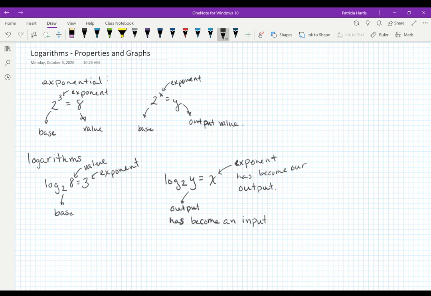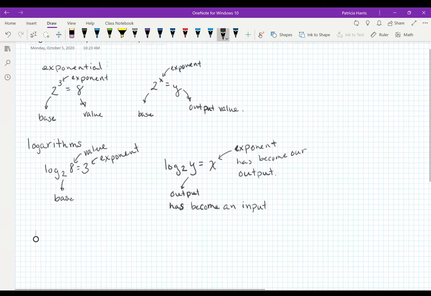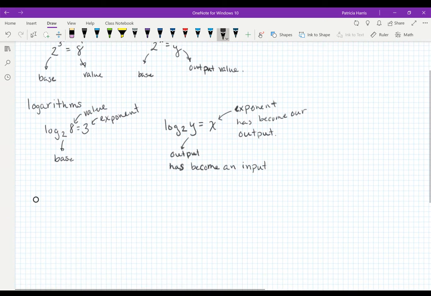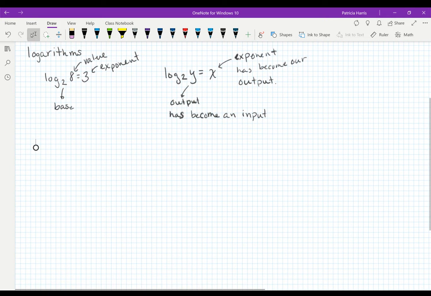Okay, so let's write you a general rule. Okay, exponential. So we have a base raised to an exponent, which is equal to an output.